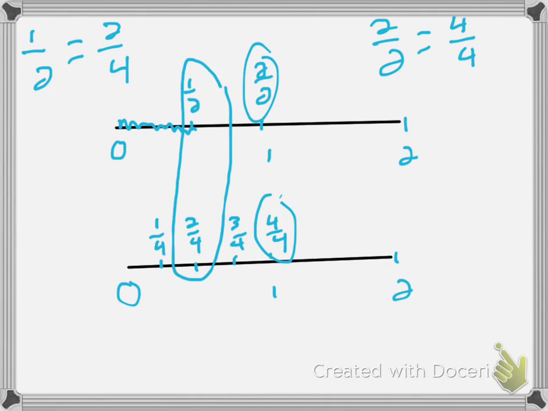Okay, now let's use a visual model to represent other equivalencies. So now let's show why, let's make 2 squares.